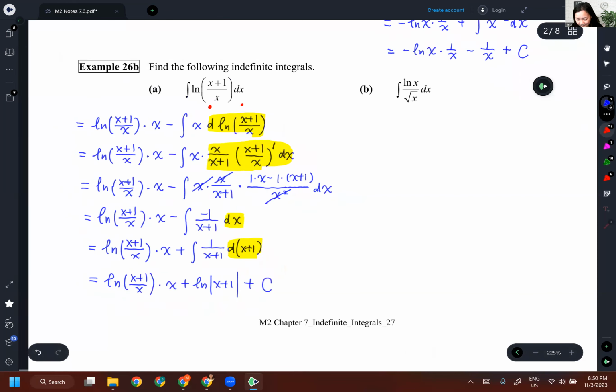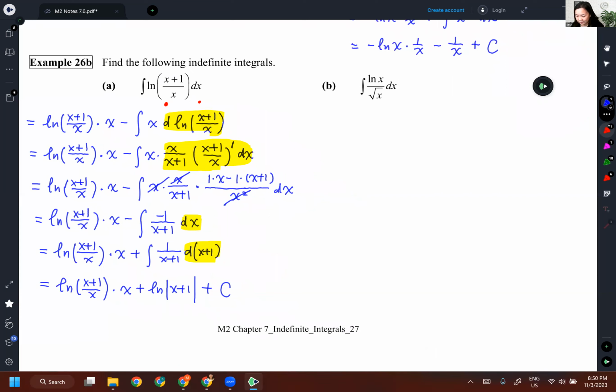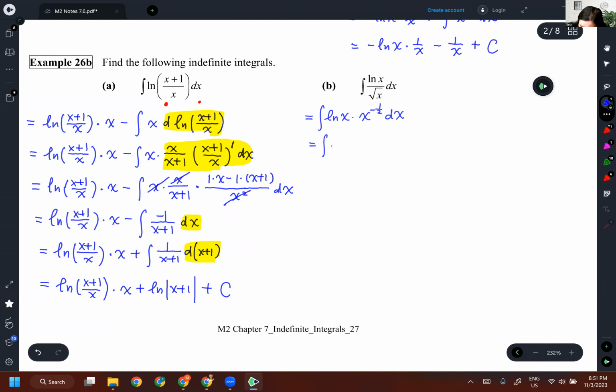Second. This one is a combination. It's a mixture of log and this one. Irrational. Anyway, this one I will do 2x to the power 1 over 2.